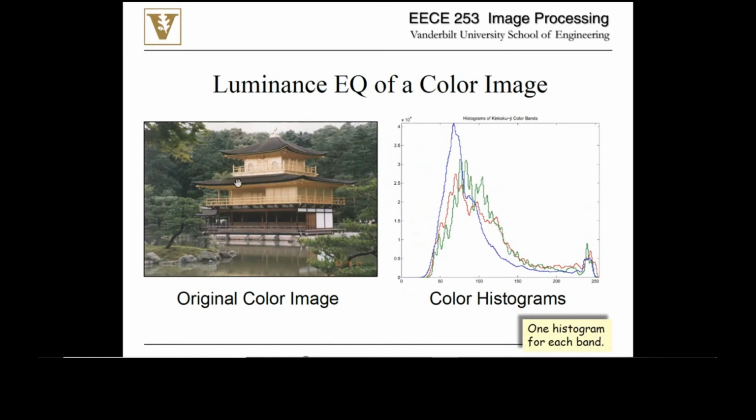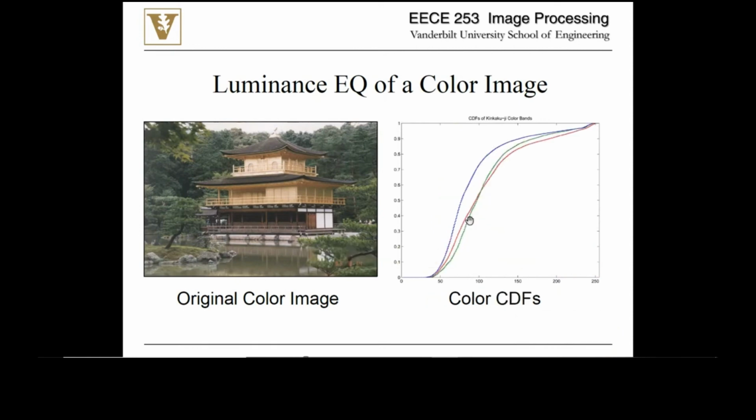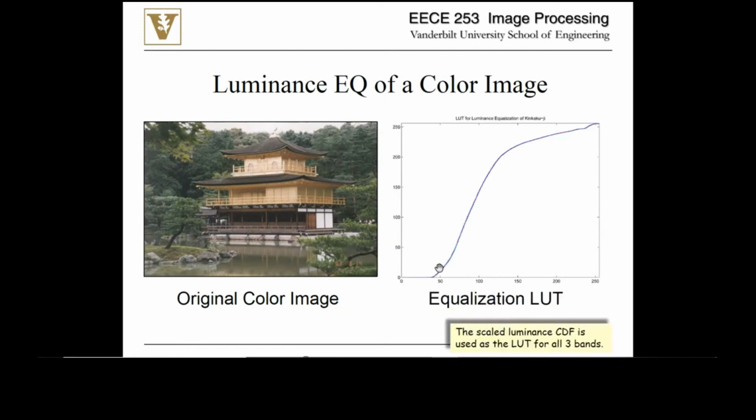Okay, so we start again from the original image, but now we will apply the luminance equalization, so the equalization of the histogram but only on the luminance channel. So we have the color histogram. Now we have the cumulative distribution functions.